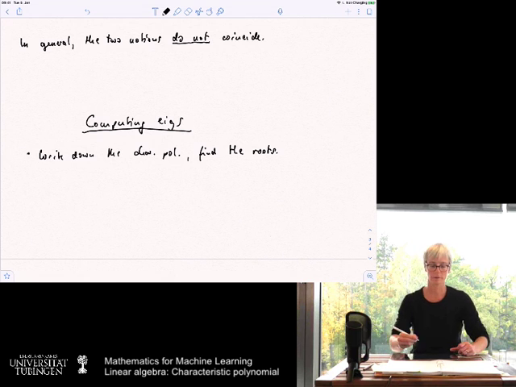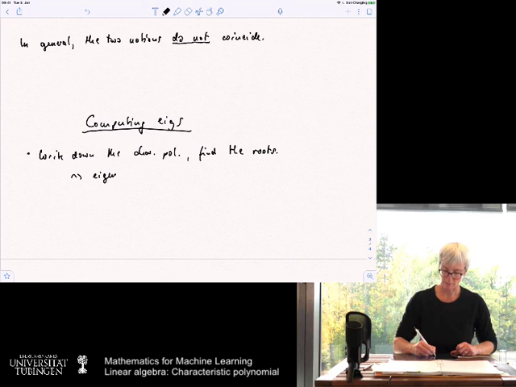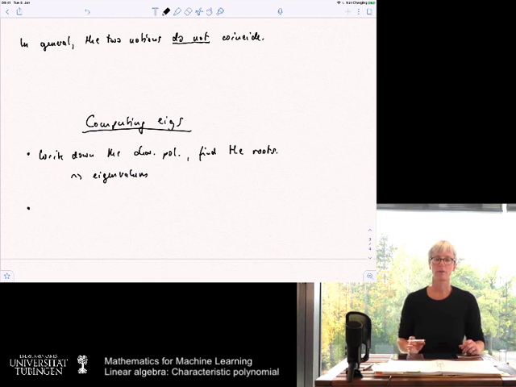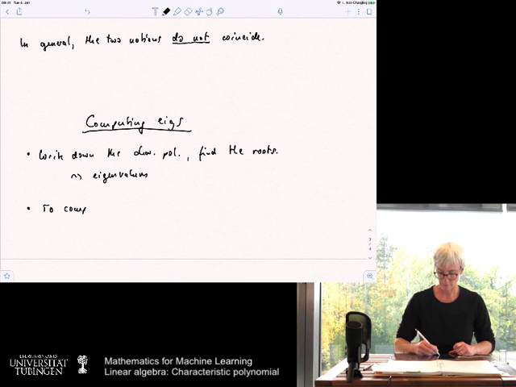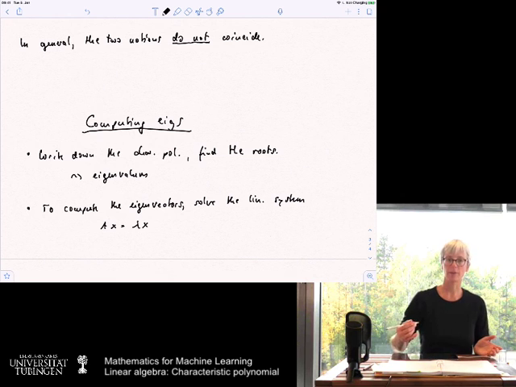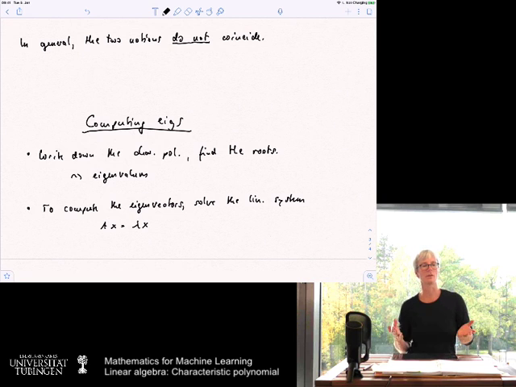Then you already know the eigenvalues. And then to compute the eigenvectors, you solve a linear system, which is A times x equals lambda x. So x is the unknown, lambda and A are known because you already know the eigenvalues, and then you can solve that and compute it.